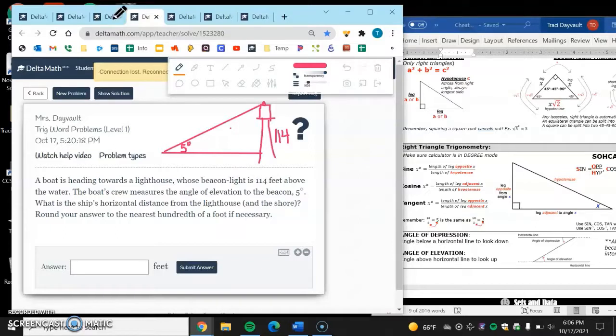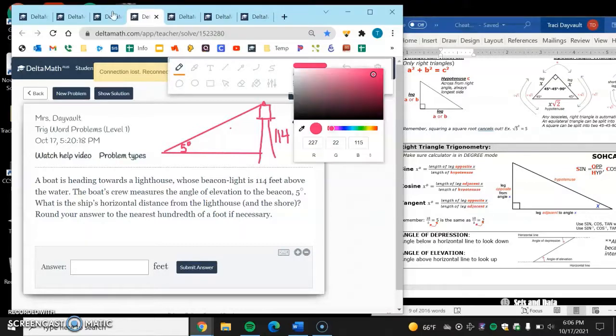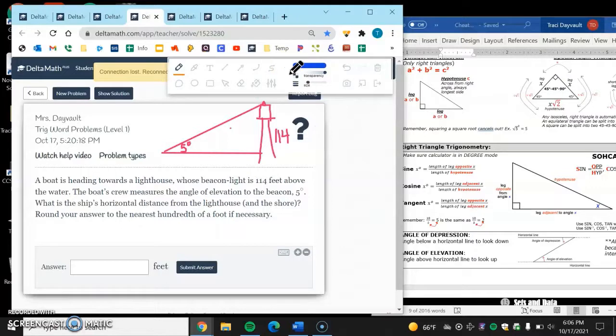And it says, what is the ship's horizontal distance from the lighthouse or the shore? So let's think about which leg this wants me to find. Does it want me to find this leg, or does it want me to find the hypotenuse for the distance to the shore? When it says horizontal distance, that's usually going to be our flat line that represents the ground, or in this case, the water.